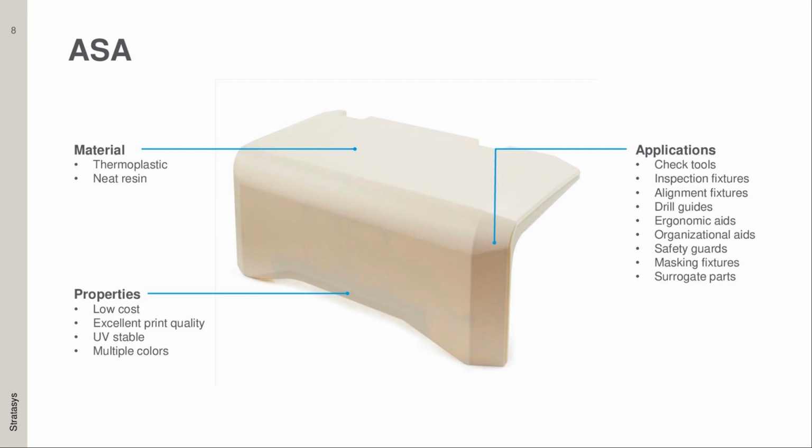And you may be asking yourself, why would I use ASA over ABS, which is very common in the maker space? And I like to use ASA, and Stratasys has been promoting ASA because it has better UV stability compared to ABS, and it also prints a little bit better, and it also has more vibrant colors. So one thing that I tell people is that ASA is great for color coding.